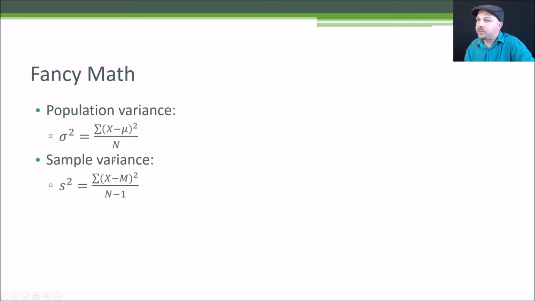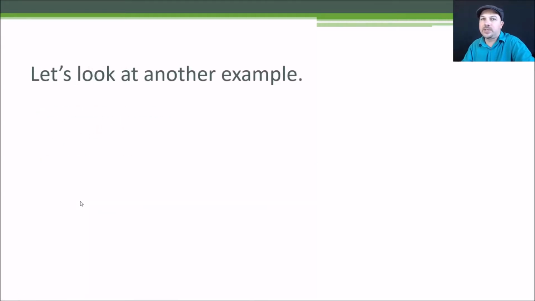And sample variance, similarly, is designated as s squared. And that is the summation of each data point minus the mean m of the sample set, squared, over n minus 1. So you subtract 1 from the number of samples that you have. That's all there is to it. So let's look at some real examples and write some Python code to make this happen.